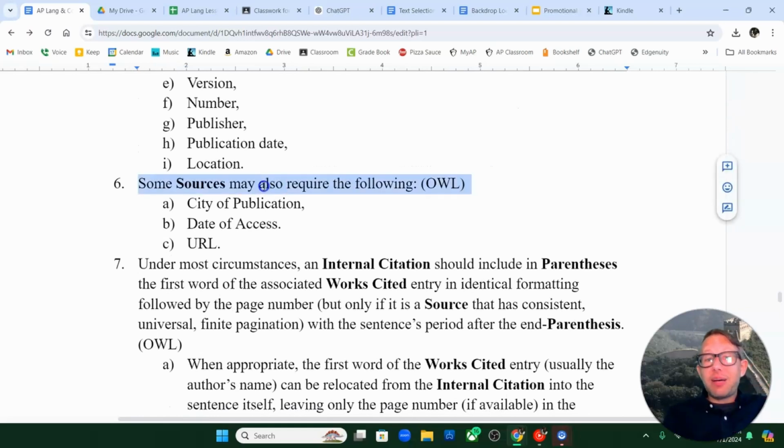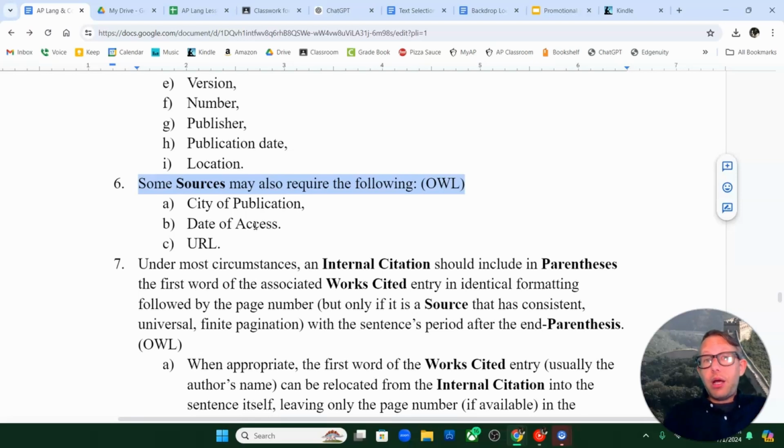Some additional things that will often pop up, and you can sort of get the sense of when and where you might see these, especially B and C in this case. As you're getting into web sources and things of that sort, date of access is going to be a big deal. And just to reiterate why, keep in mind that websites are fluid, web pages are fluid.